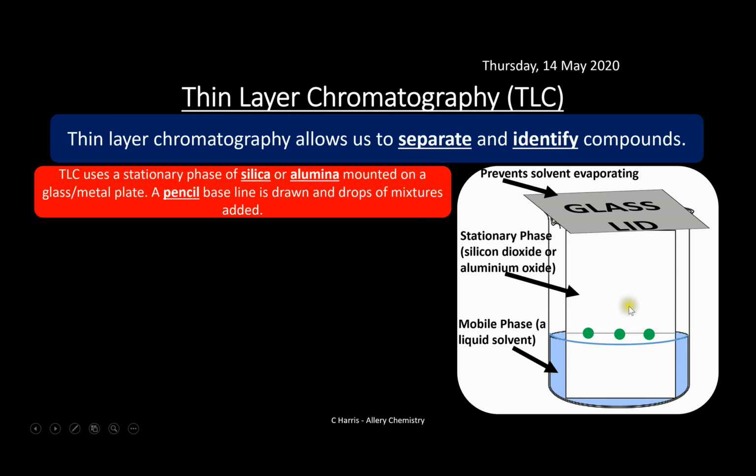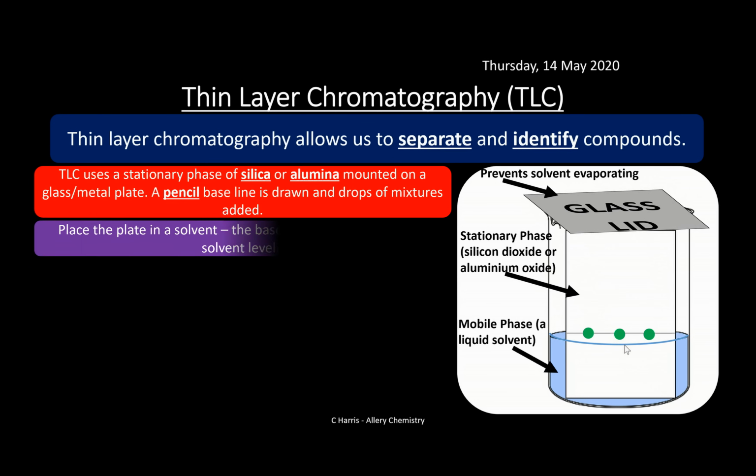So you can see here we've got a mobile phase, which is the bit that migrates up, so it's the bit that moves, and we've got our stationary phase here. This is the phase which doesn't move, in other words our solid silica, so silicon dioxide or aluminium oxide based plate. Then we have a lid on top of this, because we don't want the solvent to evaporate from our beaker. We want it to remain in the beaker.